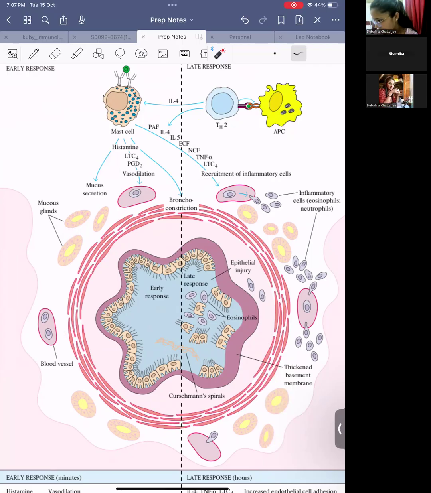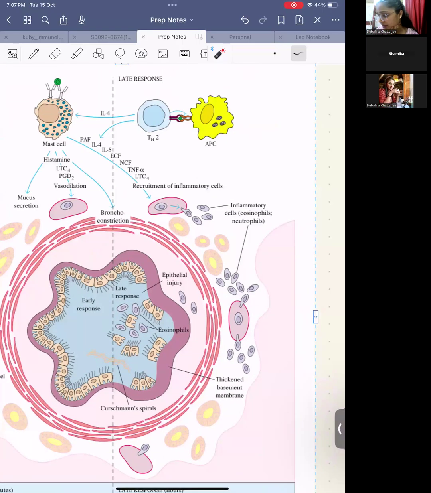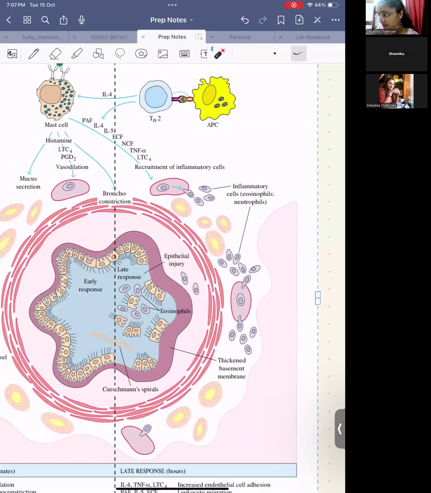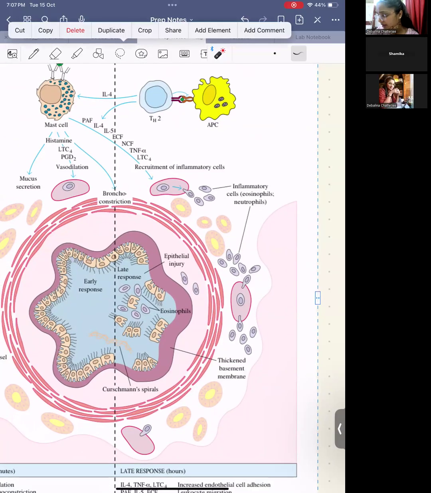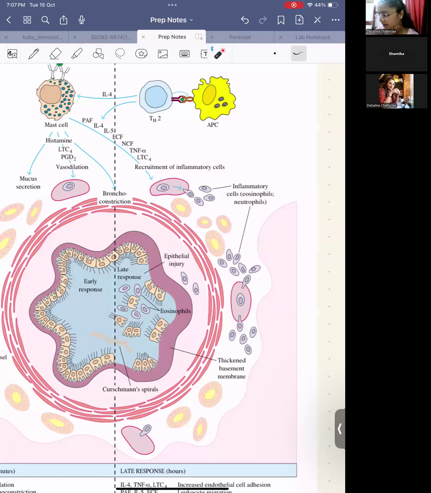So in the early response phase, the vasculature is somewhat affected. But if you look here in the late response phase, because of the other molecules that have now been introduced, there's a lot more active recruitment of immune cells.